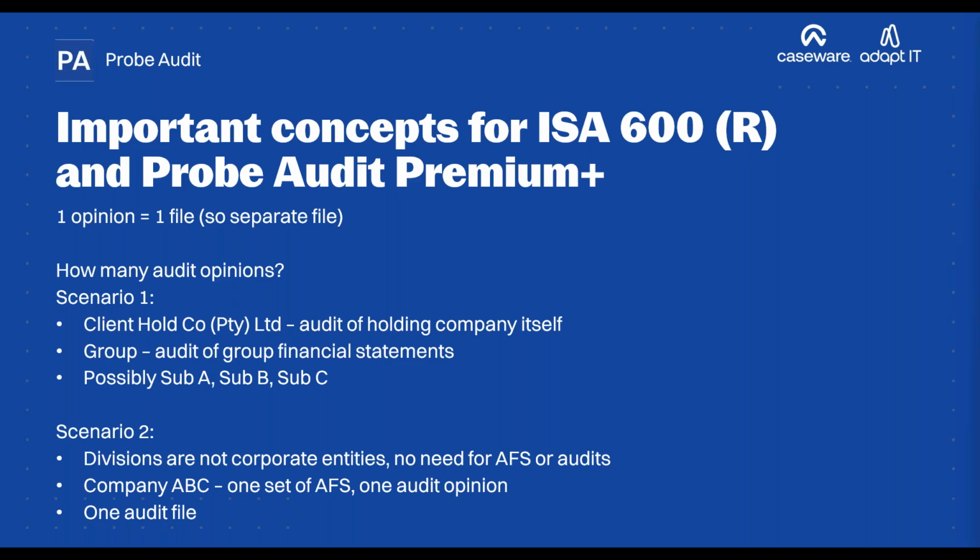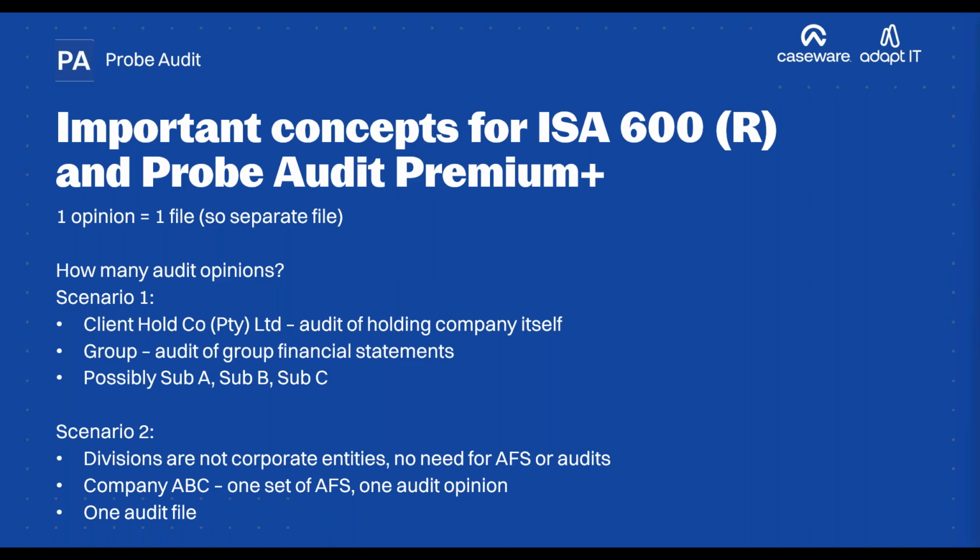Then we have the group financial statements, client holdco with a consolidation of sub A, B, and C. And then depending on whether subsidiaries A, B, and C, being companies, need a statutory audit, for example, or maybe they've got independent reviews or whatever the case may be, I definitely have 2 audit opinions, for the consolidated group and for client holdco, and then possibly a further 3. So maximum, I guess, there could be 5 audit opinions here.